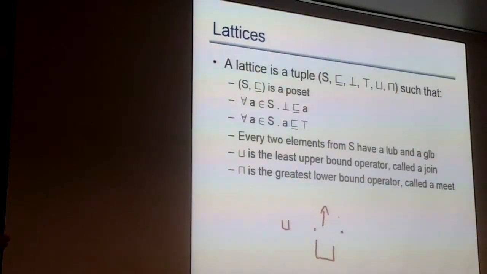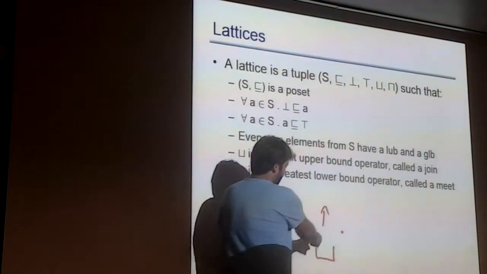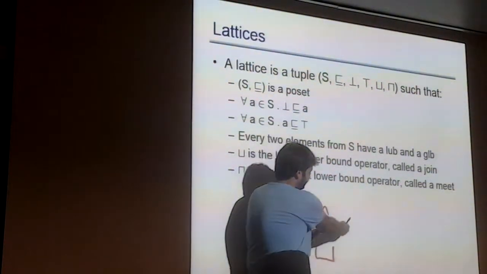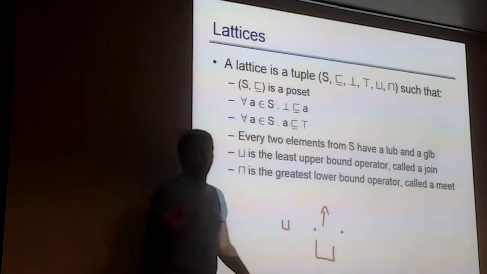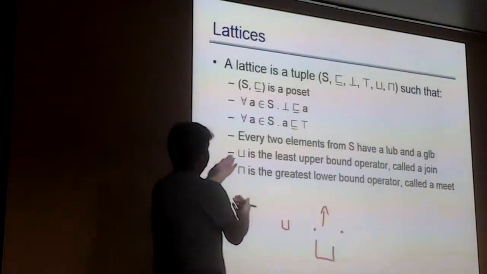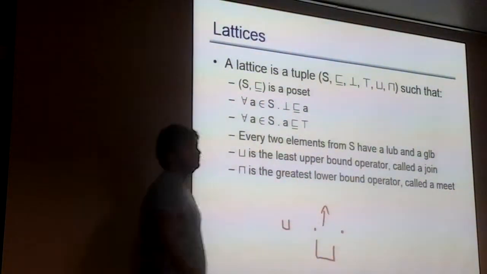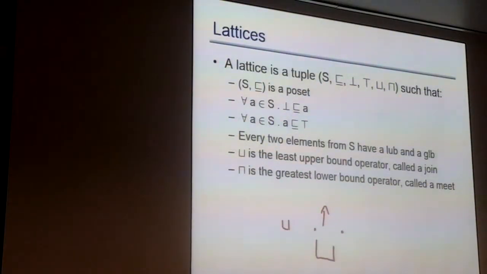That looks like a smiley face, which was not intentional. But the point is, if you take two things and you join them, it goes upwards, and whatever you need to use to remember that, this thing goes upwards and this thing goes downwards. U for upper, U for upwards. So that's one way to do it.